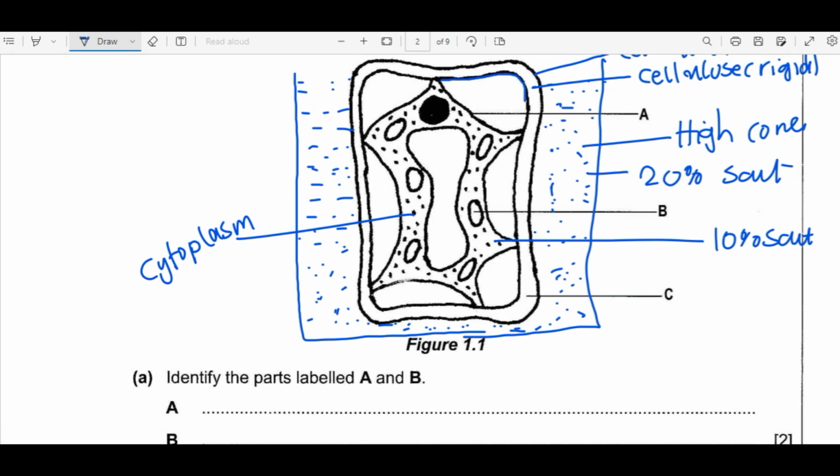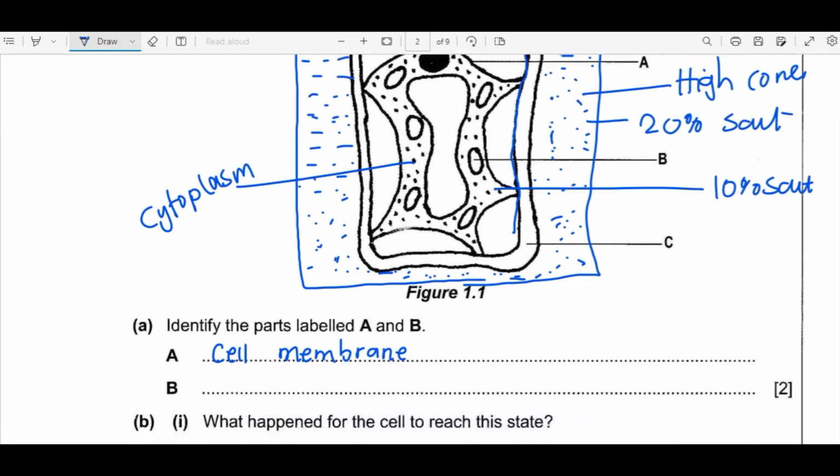Then because of the loss of water, we see this membrane detach itself from the cellulose. So this membrane is the cell membrane. The reason it has detached from its original position is because of the loss of water. Then for B, we have chloroplast.